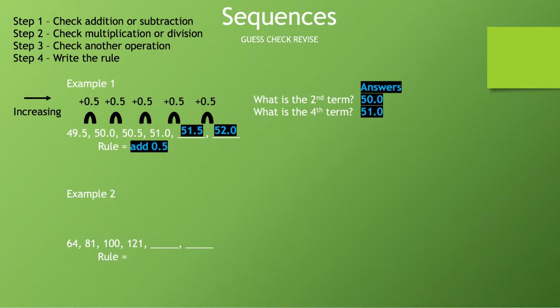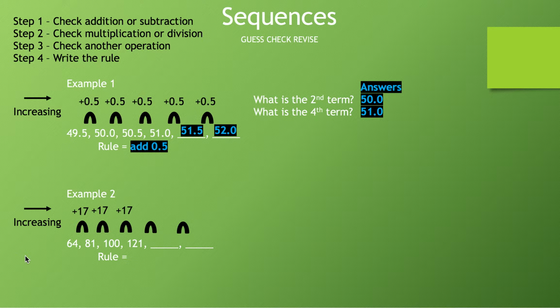In this particular example, we see that it's increasing, so it's going to be addition or multiplication. Let's take a look at the gaps. Let's take a guess. Since it's 17, let's see the difference. Between 64 and 81, the difference is 17. But the difference between 81 and 100 is not 17. So it's not addition.